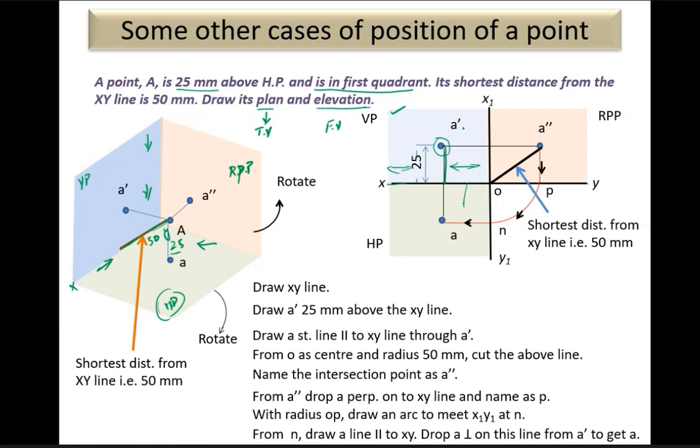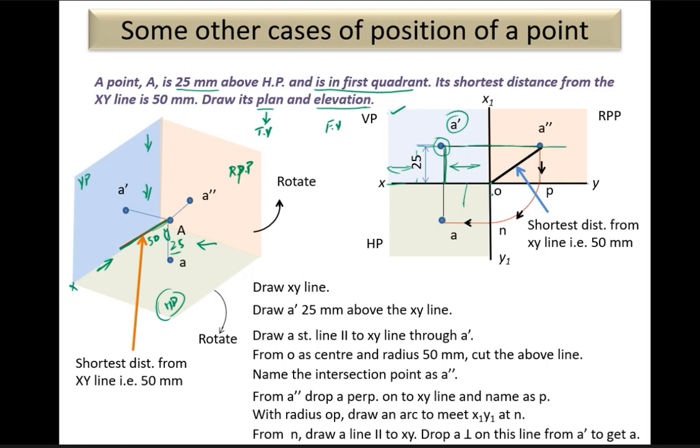Yes, sir. We can get this projection. We draw a straight line from here. And we know that our shortest distance is 50. So we open our compass to 50 and put it over here, since it is opening from here.